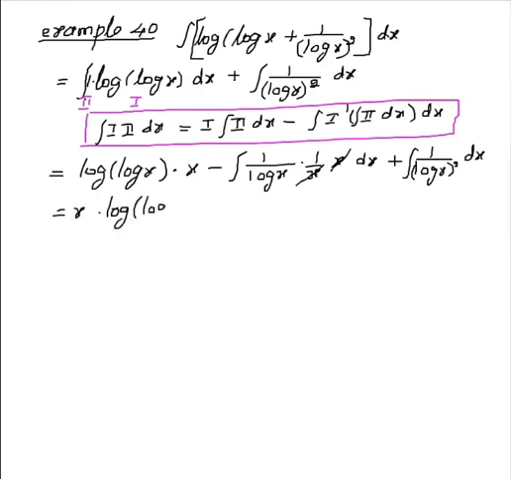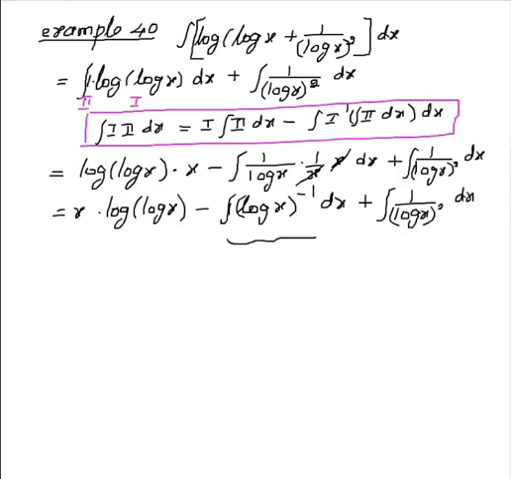X into log of log x minus, we can write this as log x whole power minus 1 dx plus 1 divided by log x the whole square dx. We will use by parts method for this integral. We will take 1 into 1 is the second function, and log x whole power minus 1 is the first function.